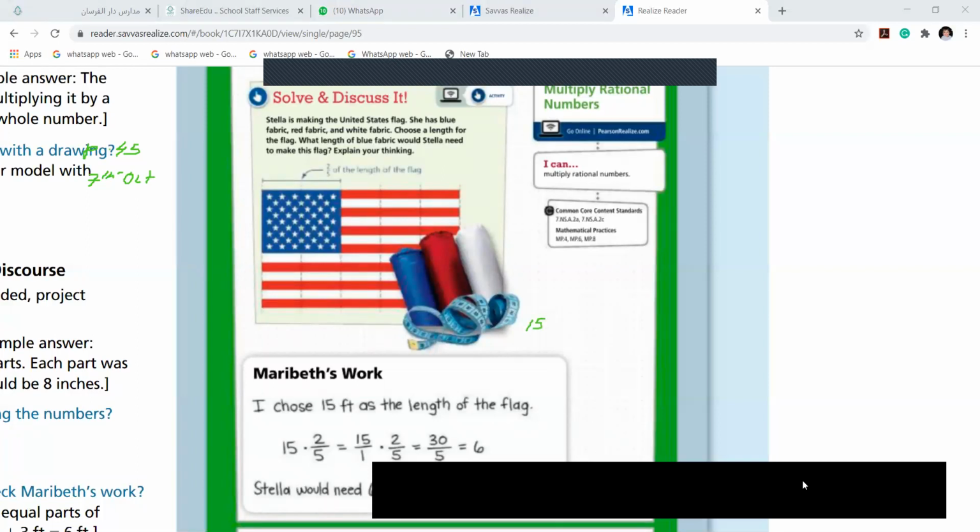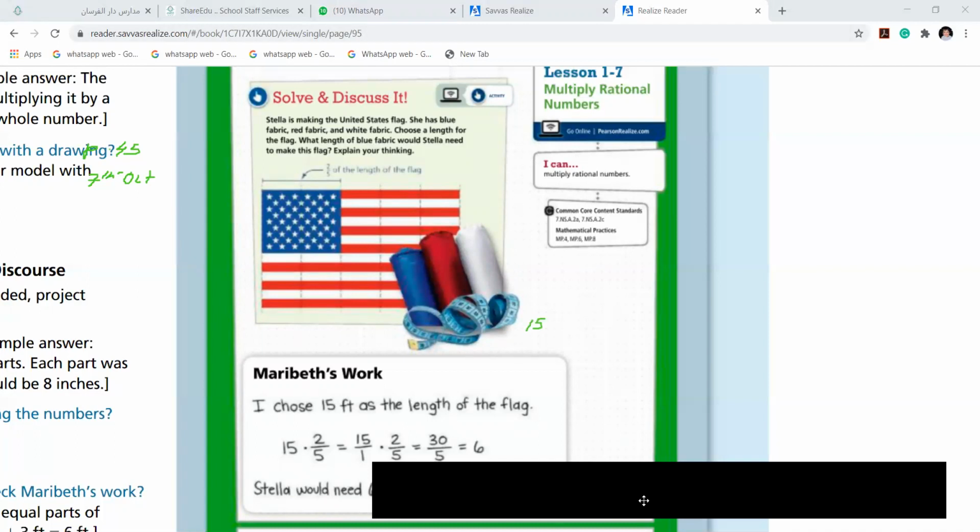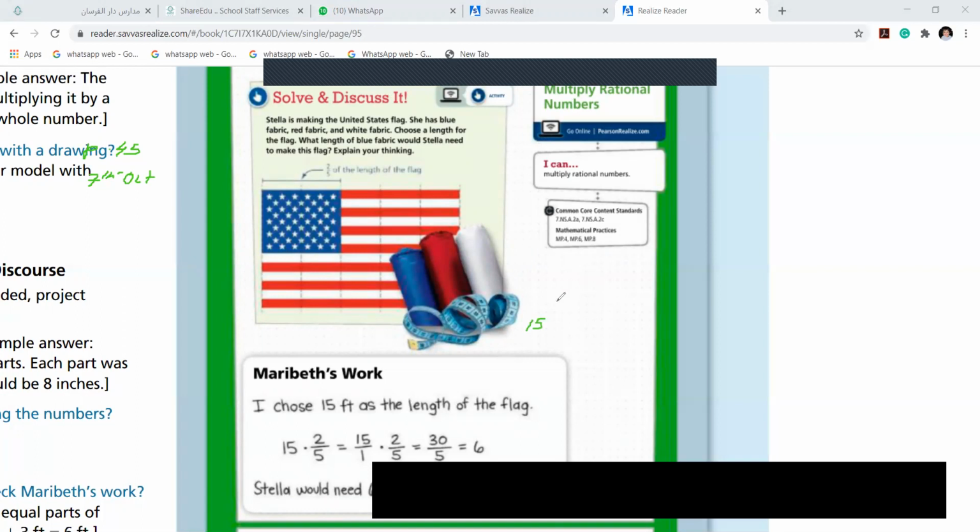If you want, you can even choose 10, you can choose any number, girls. It's up to you. Here they chose 15, so 2/5 of the total. The total they told, maybe it is 15, so 2/5 of 15.